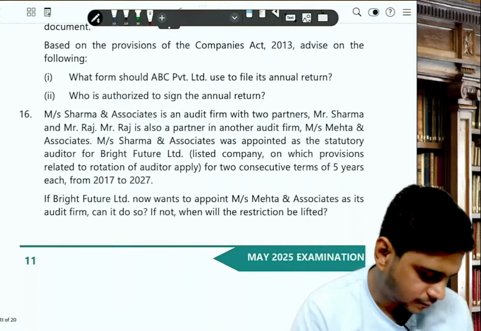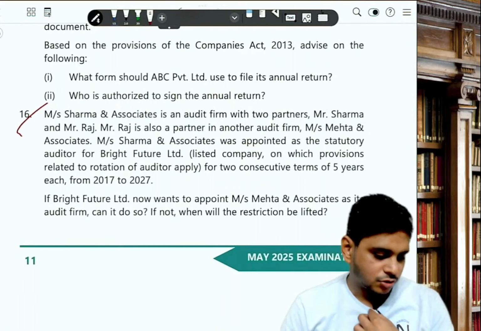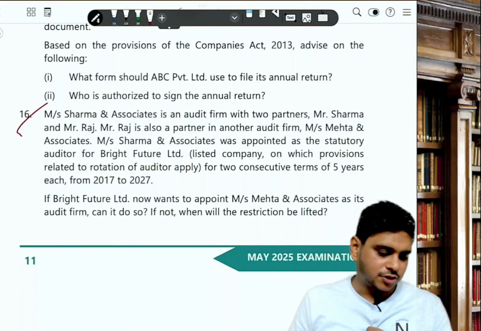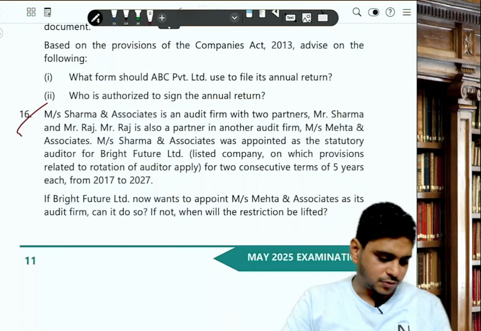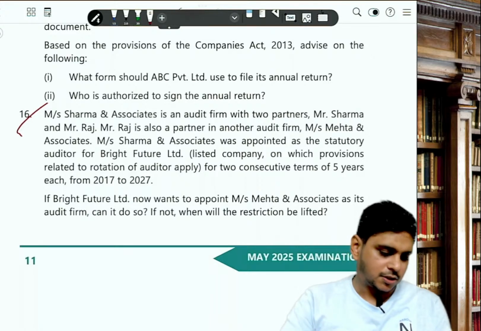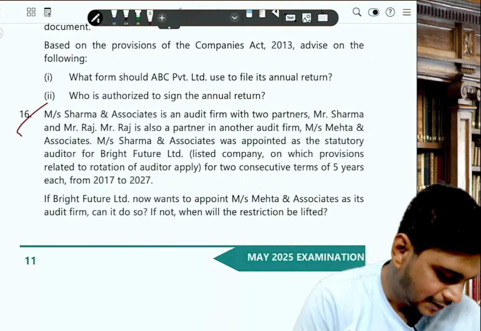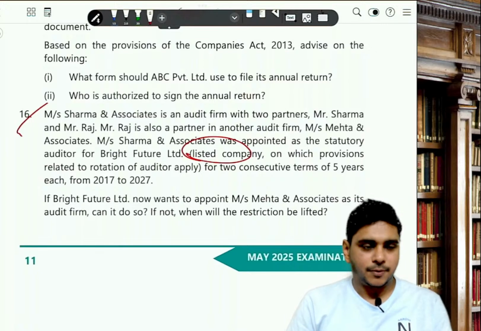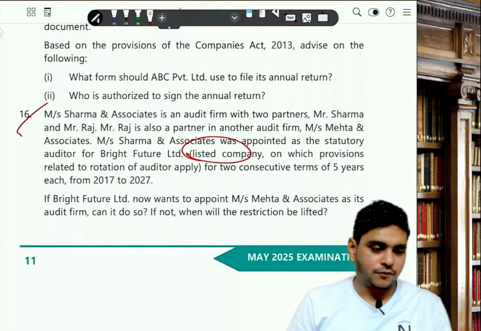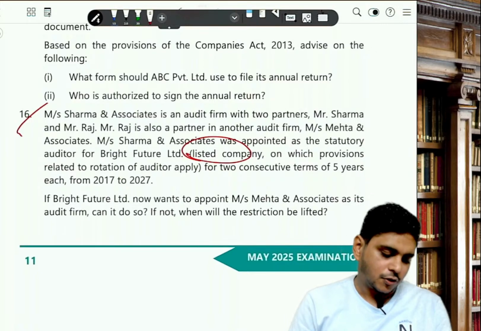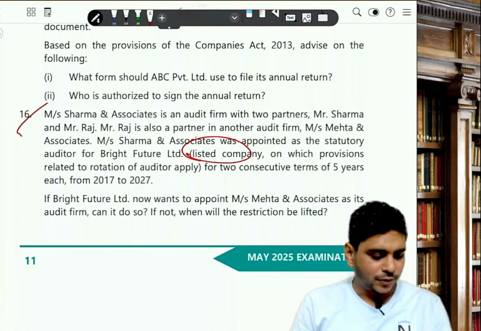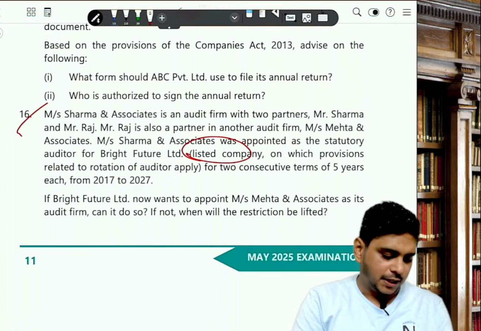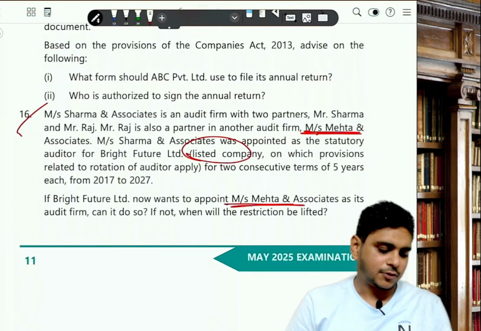You know this. So Sharma and Associates is an audit firm with two partners, Sharma and Raj. Raj is also a partner in another audit firm, Mehta and Associates. Sharma and Associates were appointed as the auditor for Bright Future, a listed company, on which the provisions related to rotation of the auditor will apply for two consecutive terms of 5 years, from 17 to 27. It's 10 years. If Bright Future now wants to appoint Mehta and Associates as an audit firm, can it do so?